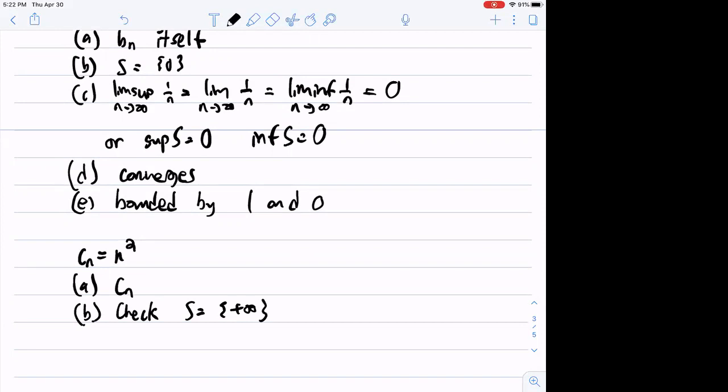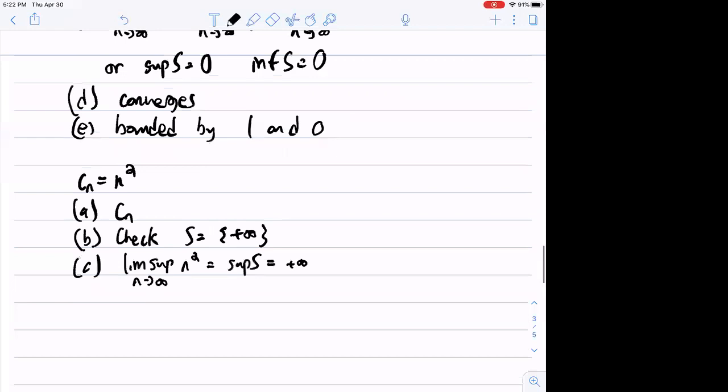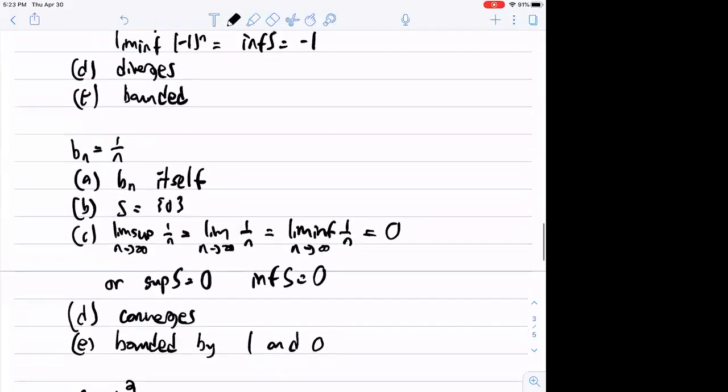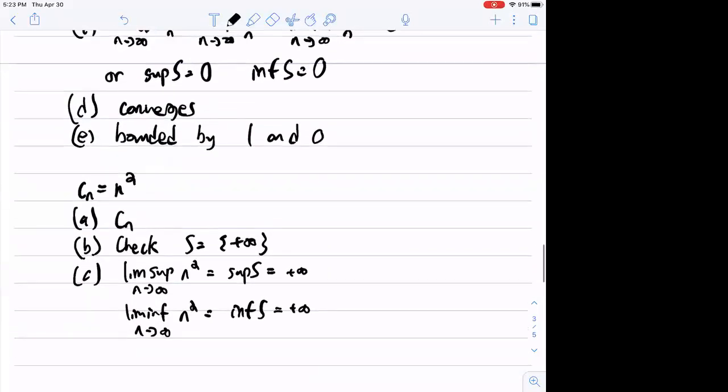No matter what subsequence you take, it's going to go off to infinity, because n squared just blows up. Using that theorem, you get that lim sup as n goes to infinity of n squared is infinity, and lim inf is also infinity.